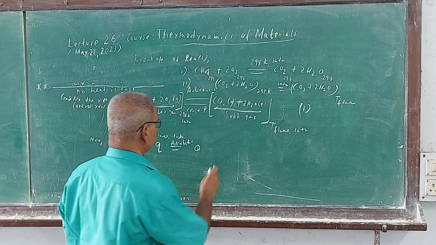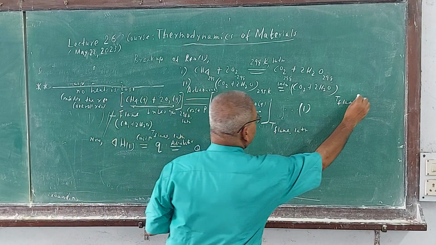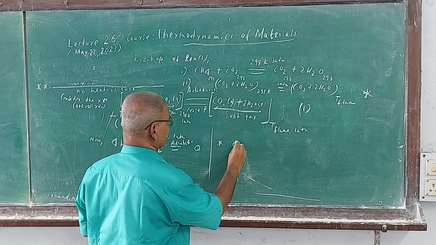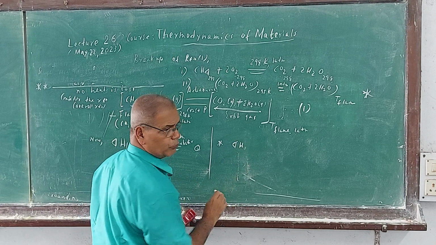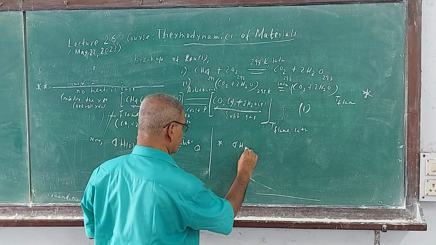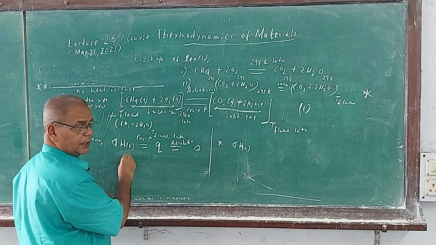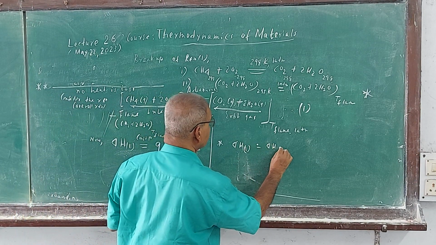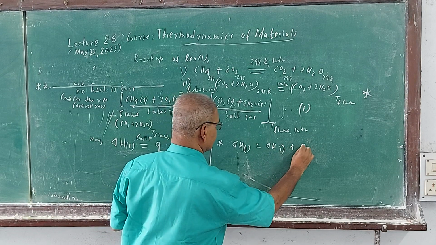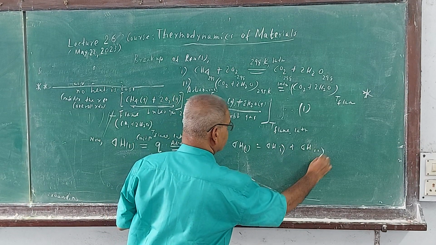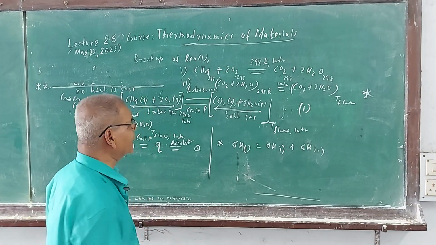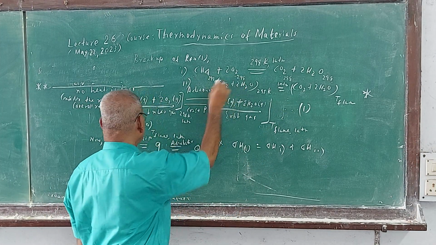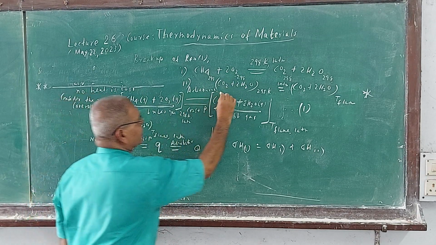That also starts here. Okay, start. Delta H1. First of all, do this. Delta H is what? Delta H1 plus delta H2. Do you agree? You add these two.